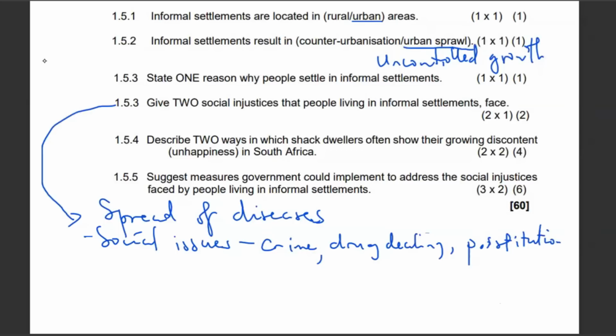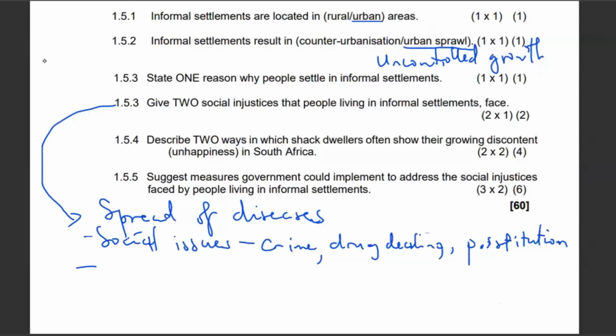They are most prevalent. We are not saying they are not there in the formal, but they are most prevalent in the informal settlements. Crime is very high in the informal settlements, which is an injustice. People are exposed to a number of criminal acts. Drug dealing, the Nyaope dealers, they are predominantly active in the informal settlements. Prostitution is very rife in the informal settlements. So those are issues to the society. People are exposed to an injustice because of those issues, right?